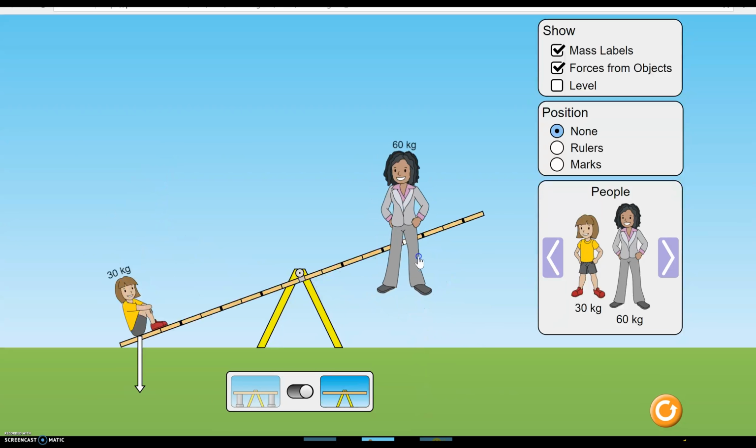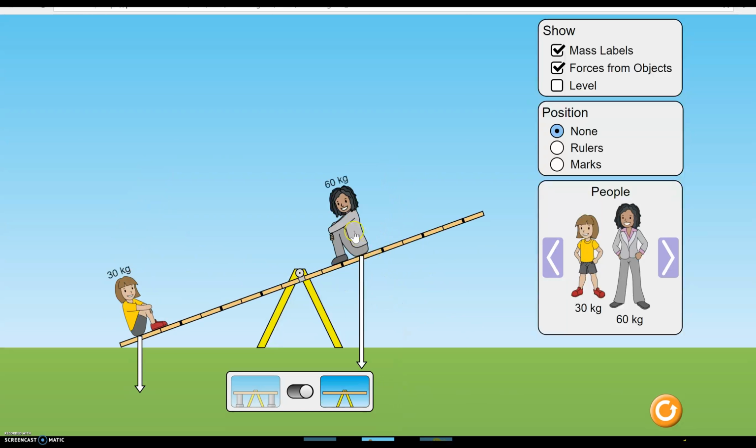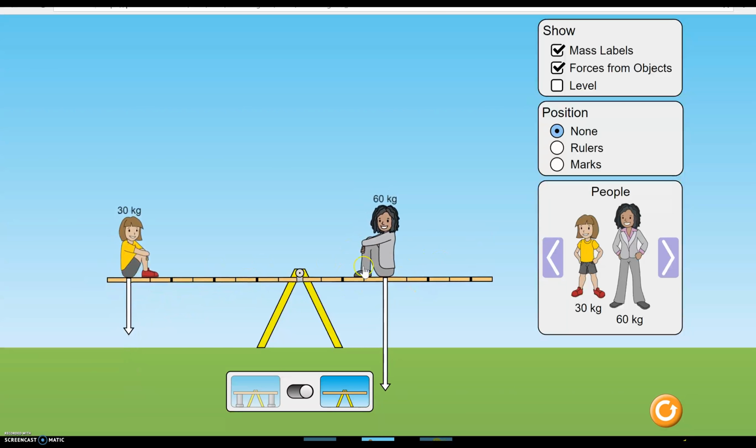Now let's move them even closer. If we move this person too close, then the seesaw will be tilted on the 30 kg child's side, because this child now has a larger moment than this person here. Now if we put this person at the right distance, the seesaw becomes balanced, because these people have the same moment.